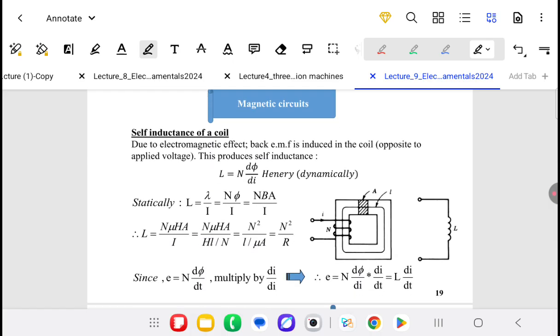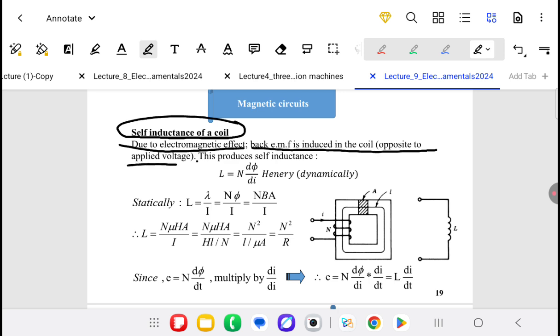For any magnetic material or magnetic circuit, each coil connected to a source has its self-inductance. This is due to the electromagnetic effect of the back-induced EMF induced in the coil opposite to the applied voltage. Then it produces a self-inductance.